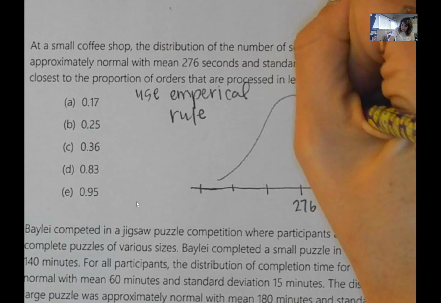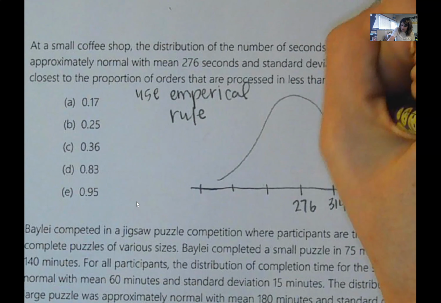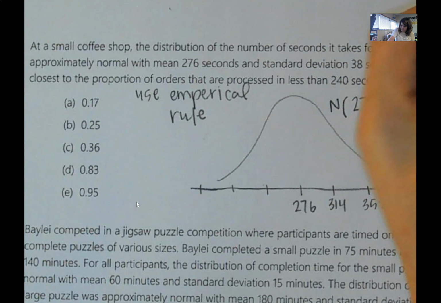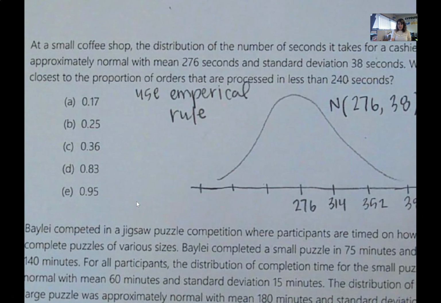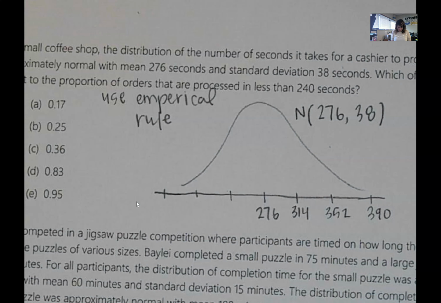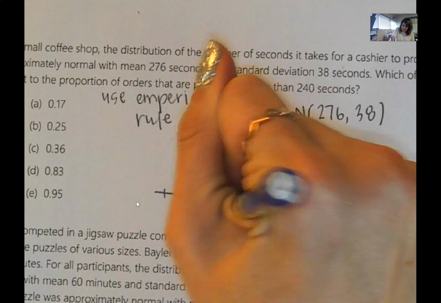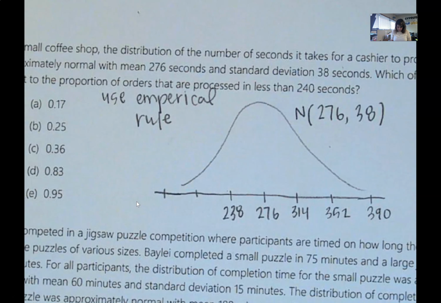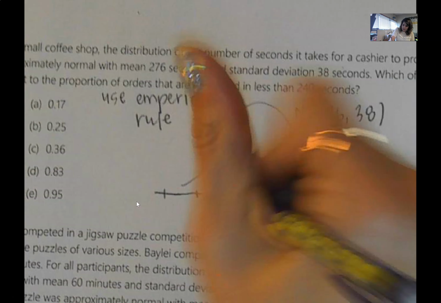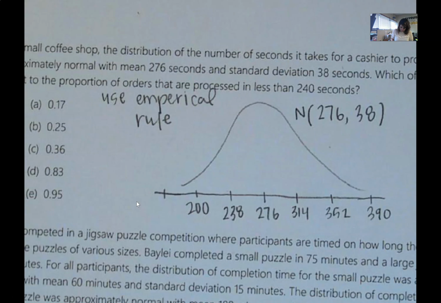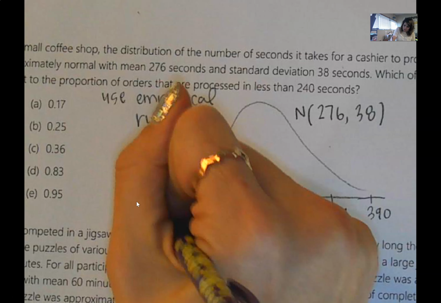And I really need to label my parameters on this: 276, 38. All right, so to go the other direction, we subtract 38. So 276 subtract 38 is 238, then 200, then 162.